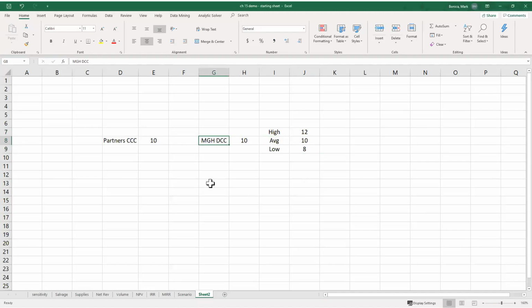Let's assume that Partners has a low-risk division. Let's say that's the rehab division, right? And the rehab division has a corporate cost of capital, and it's lower risk than the hospitals, the acute care hospital side. So maybe its corporate cost of capital starts at 2% lower than the Partners' corporate cost of capital.